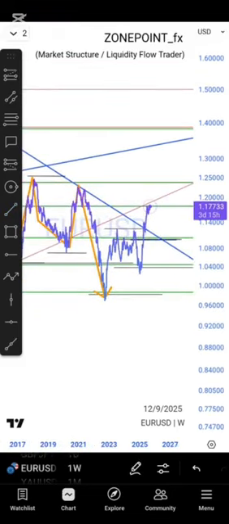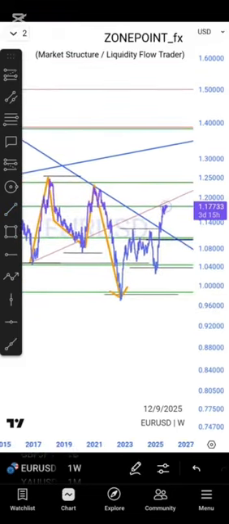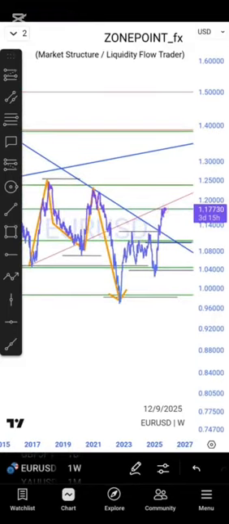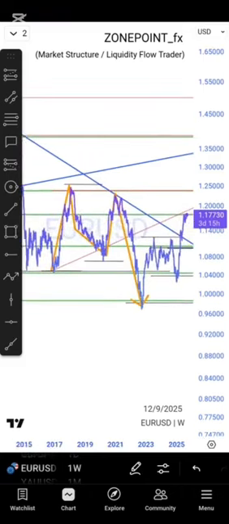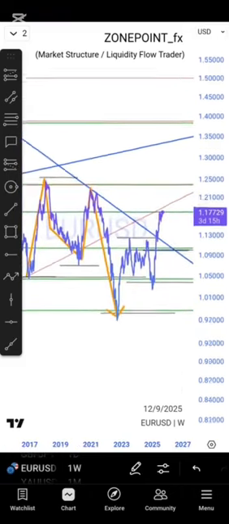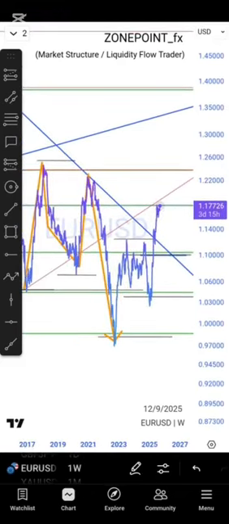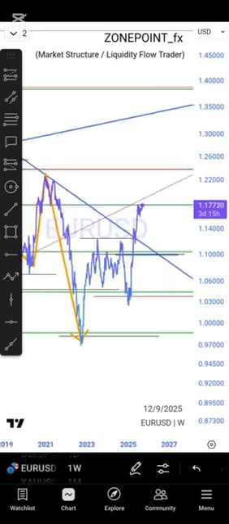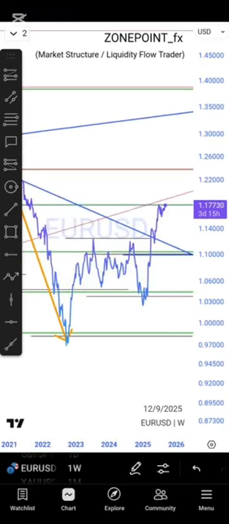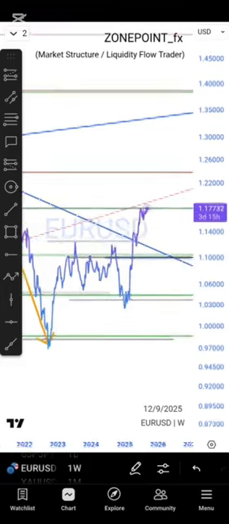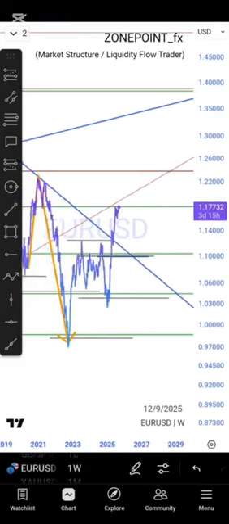So now you can see that price came and used this level, and price is moving up, which tells us that price is in an uptrend. Price took out this liquidity inducement up here, broke above it to tell us it is a full uptrend, and broke above the trend line also.